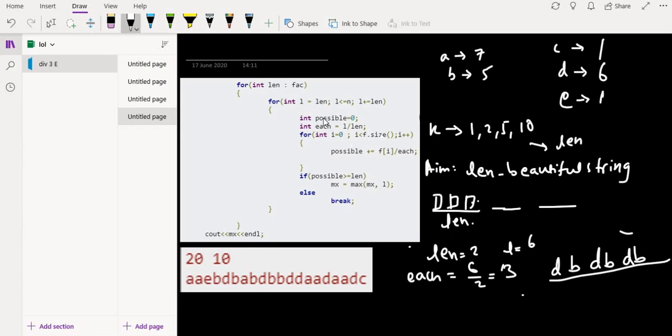This possible variable over here is initialized with a value 0. After each iteration in the frequency array, I am just updating it with f of I upon each.